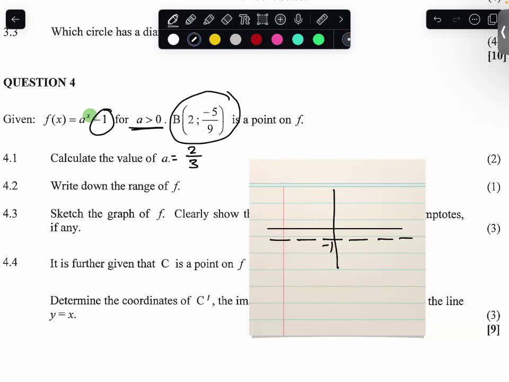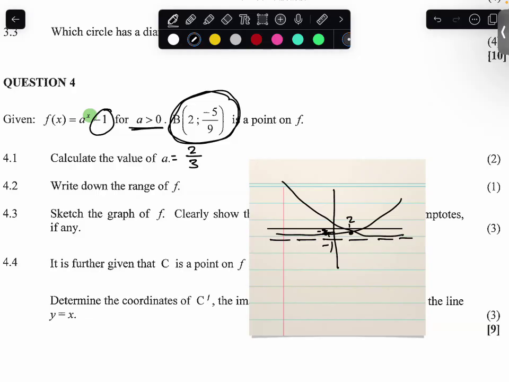And then this set of coordinates that lies on the graph, you need to see if it's going to lie on top of the asymptote or below the asymptote. So (2, minus 5 over 9) is here. However this graph goes, whichever direction it goes, it matters not.